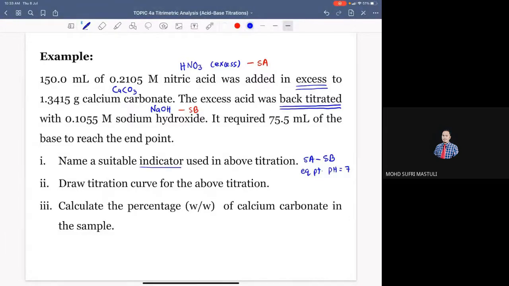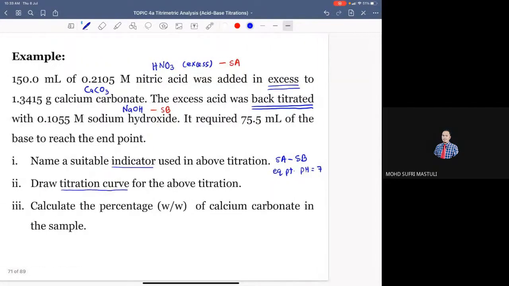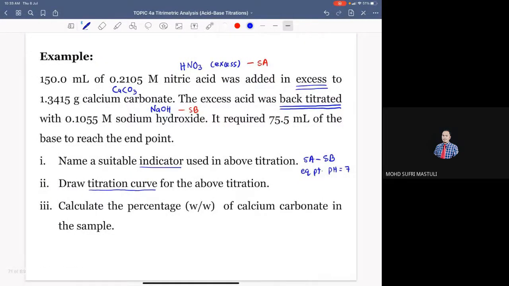The first question is indicator. The second question is asking you to draw the titration curve for the above titration. Okay, so the thing that we added during the first titration is the titrant in the burette.